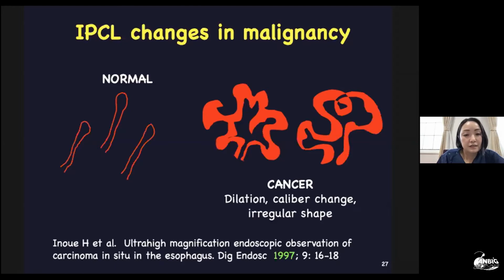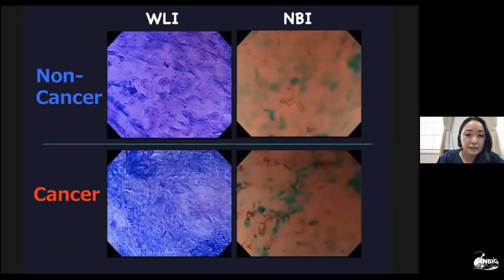You can see the difference between the normal vessel and the cancer vessel. In the cancer area, the IPCL is dilated and the caliber is very irregular, and the shape is also irregular. You can see the detailed structure of this IPCL with this endocytoscope.